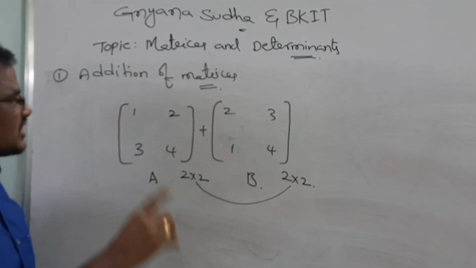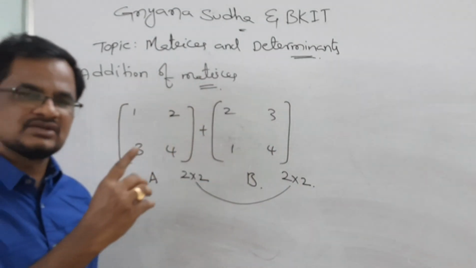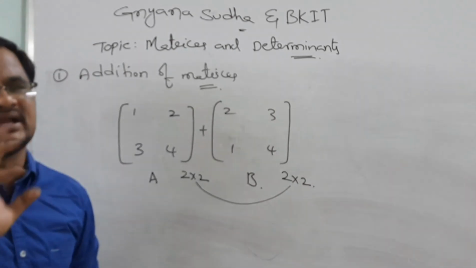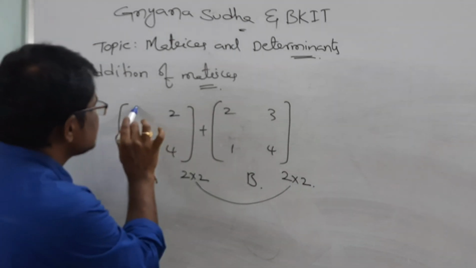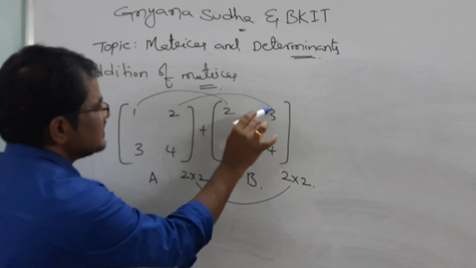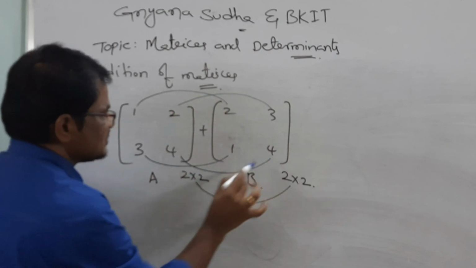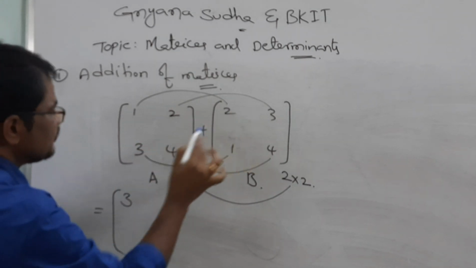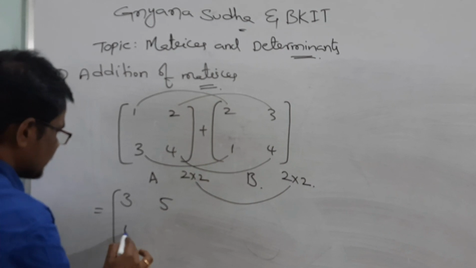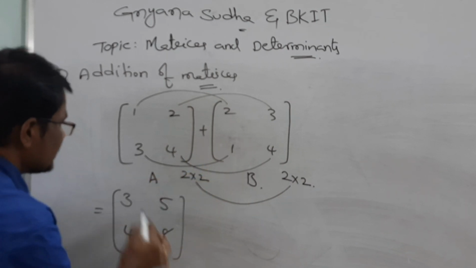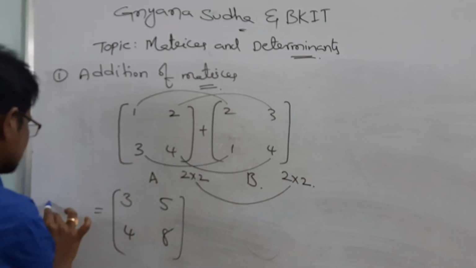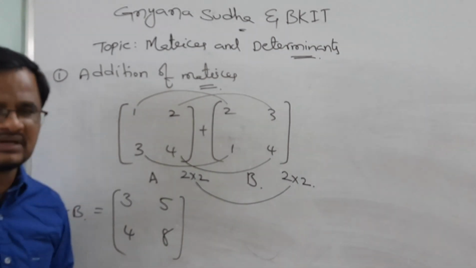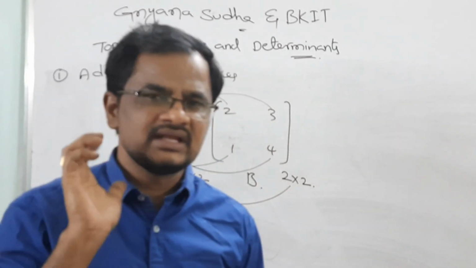The sum of two matrices is obtained by adding the corresponding elements: 1 plus 2 is 3, 2 plus 3 is 5, 3 plus 1 is 4, 4 plus 4 is 8. It is denoted by A plus B. So the sum of two matrices is nothing but adding the corresponding elements.